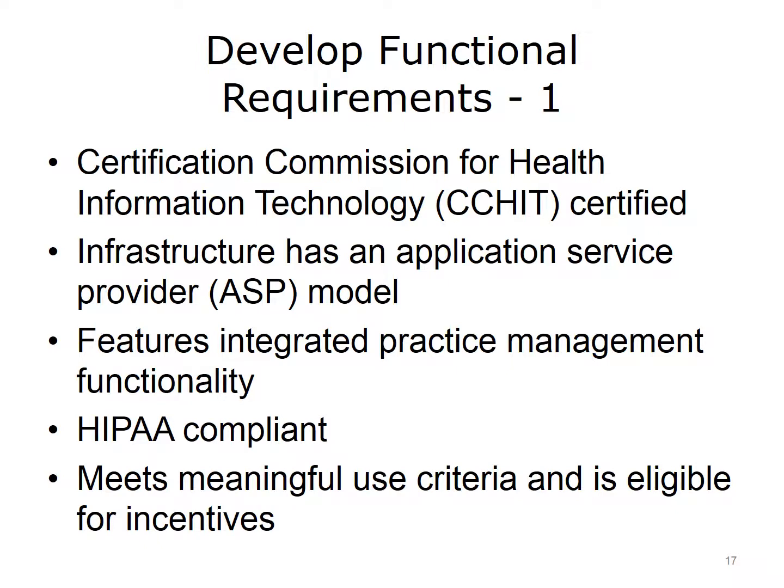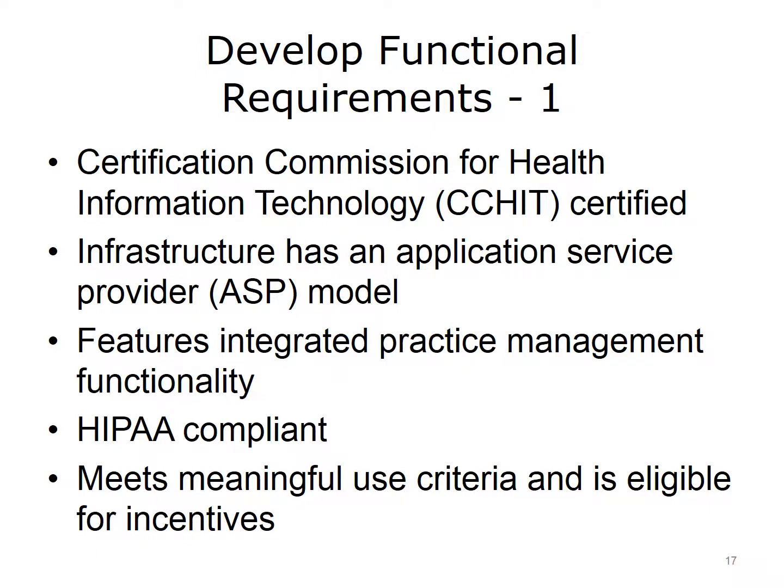The organization needs to generate a document listing the functional requirements of the EHR. This document will define the parameters that the system must meet. Certain functional requirements may be considered critical to the organization and may limit the selection of the EHR. For example, an organization may require its EHR to be certified.